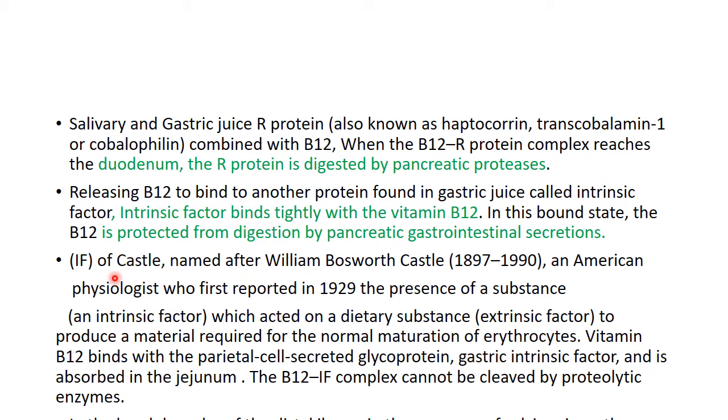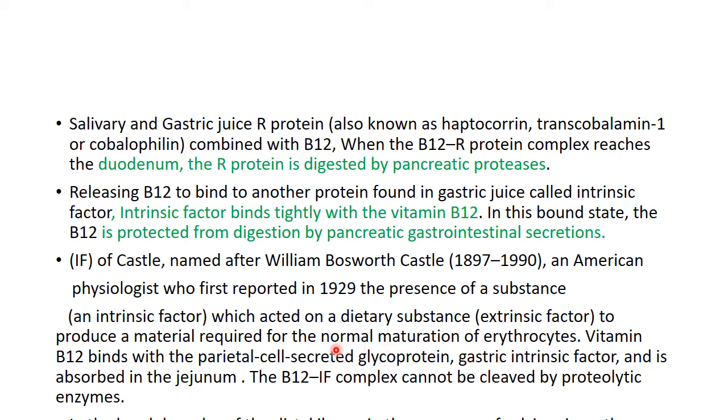Now the intrinsic factor is named after William Bosworth Castle. He was an American physiologist, and he found the presence of a substance, intrinsic factor, which acts on the extrinsic factor, that is B12.